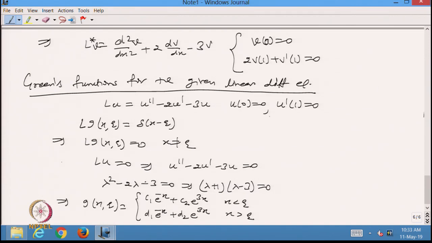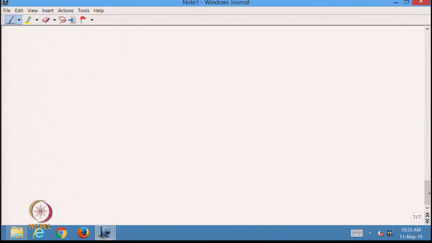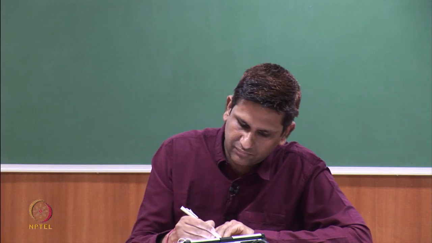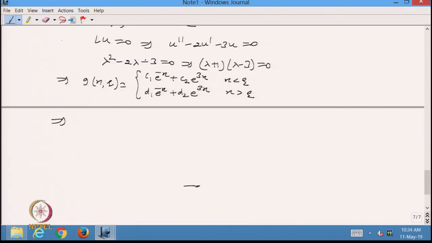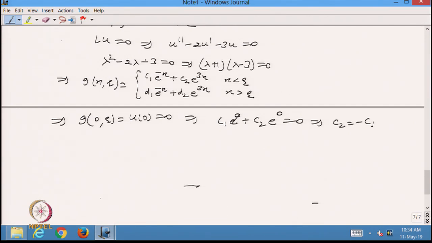So, this is the Green's function corresponding to the given equation, and from here I want to find the values of C1, C2 and D1, D2. I know that G(0, xi), that is given to me as u0, is equal to 0. So, from here I get C1 e^0 plus C2 e^0 equal to 0. So, from here I find that C2 is minus C1.